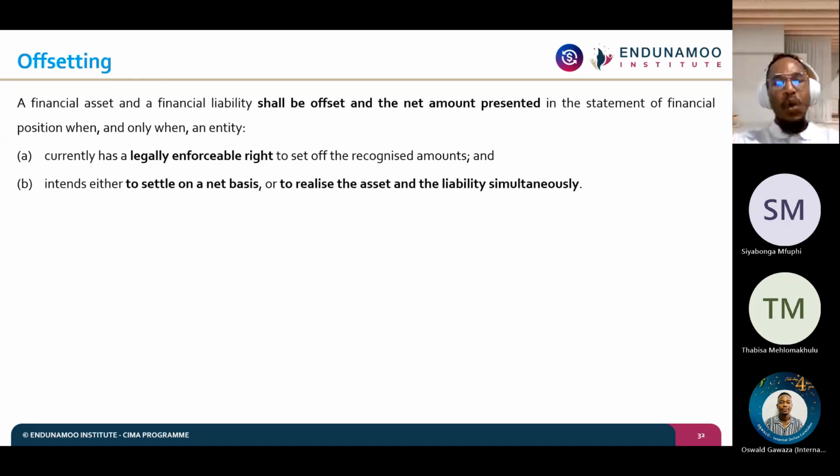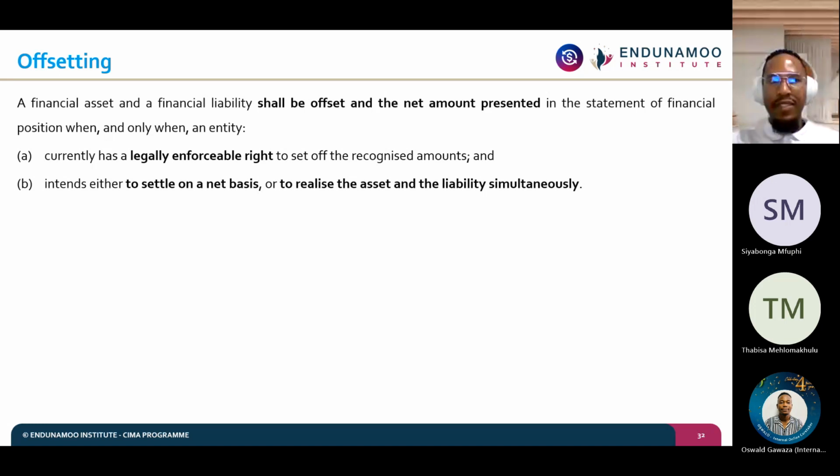You as CA Limited owe me 100 Rand, and I owe you 200 Rand. In your financial statements, you would recognize a financial asset because you have a contractual right to receive cash from me, and that financial asset would be 200 Rand.